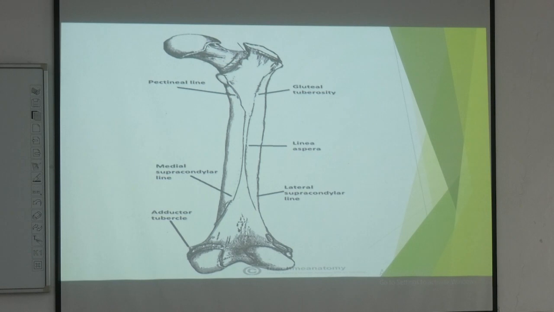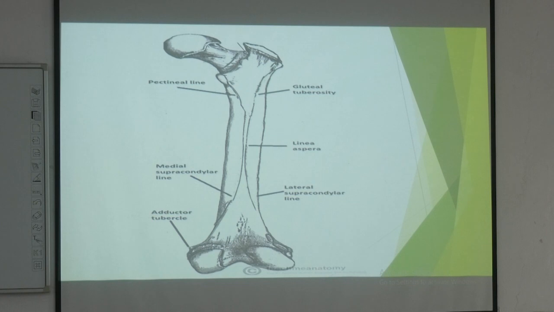So what is linea aspera? This is the elevated posterior border of the shaft of the femur which is present on the back side. We call it the posterior border. And this particular thing is not a single border. Two of them are there. This is the medial lip, this is the lateral lip of the linea aspera.